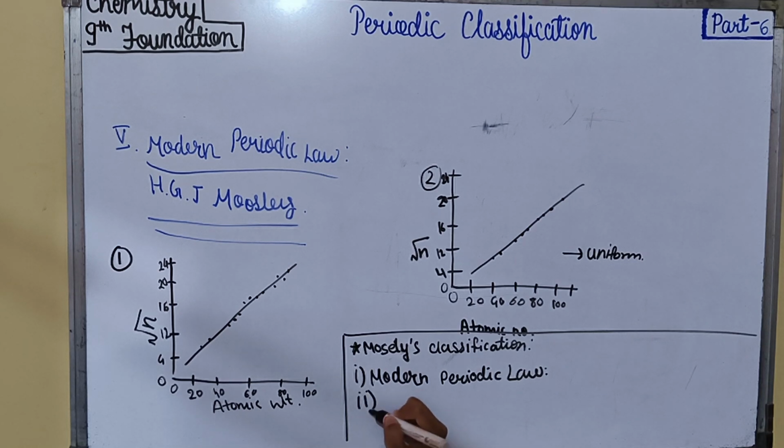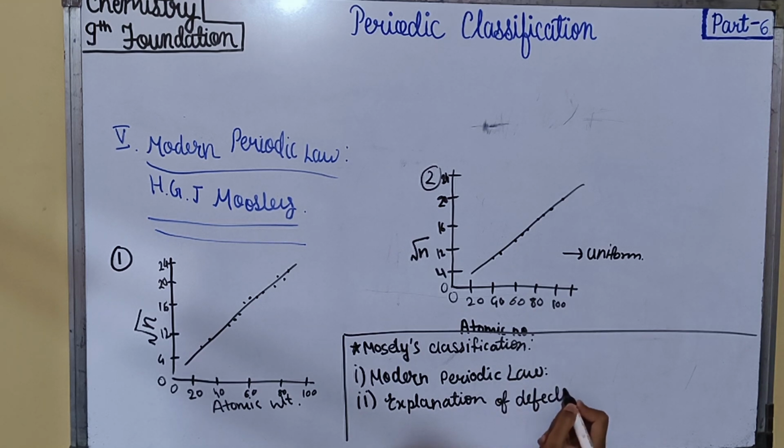Second point is explanation of defects in Mendeleev's table.